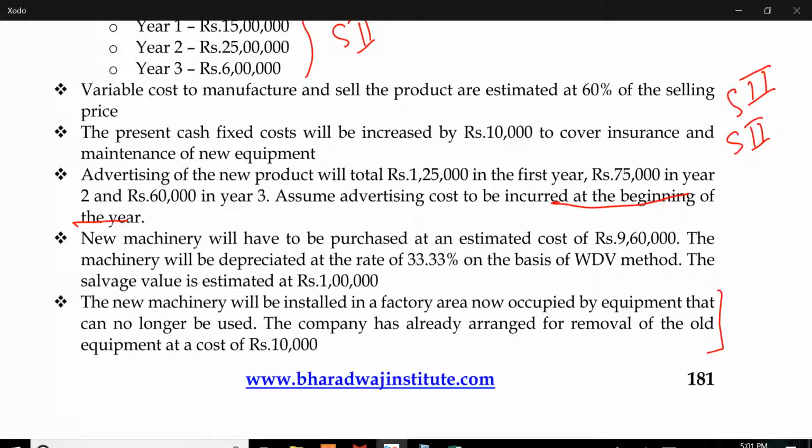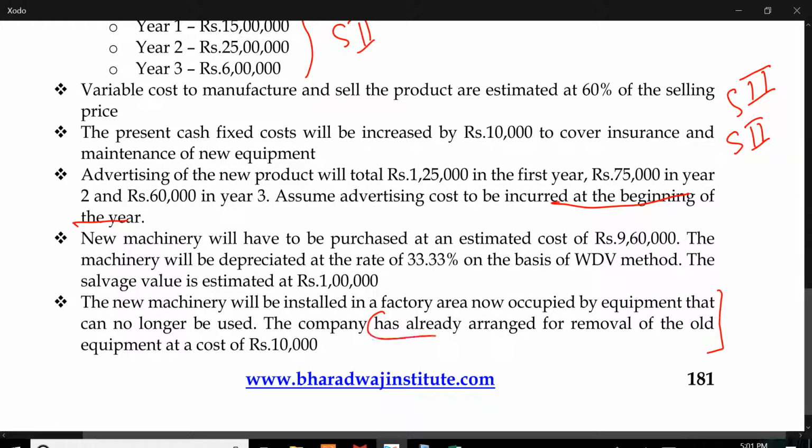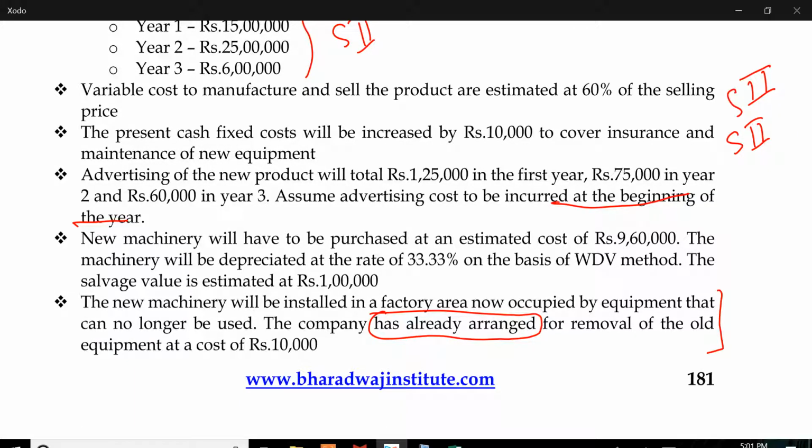The new machinery will be installed in a factory area now occupied by equipment that can no longer be used. The company has already arranged for removal of the old equipment at a cost of 10,000. You buy this new machinery, old equipment will be removed.